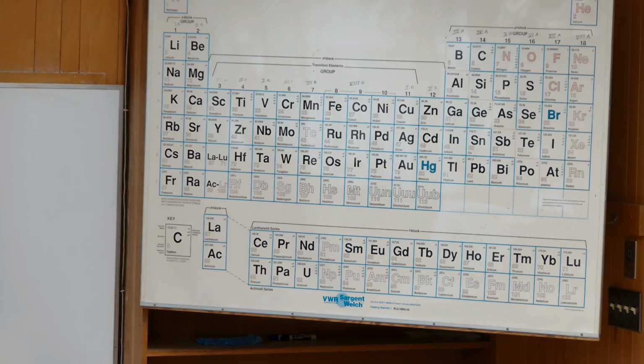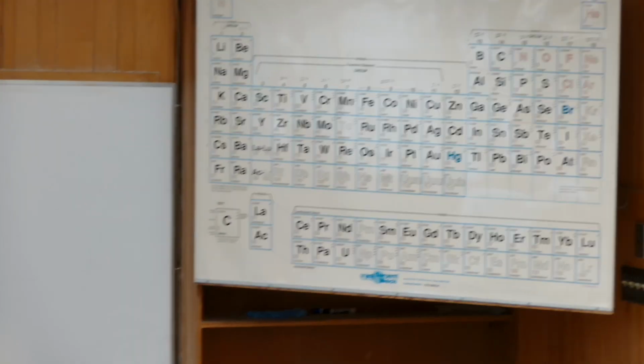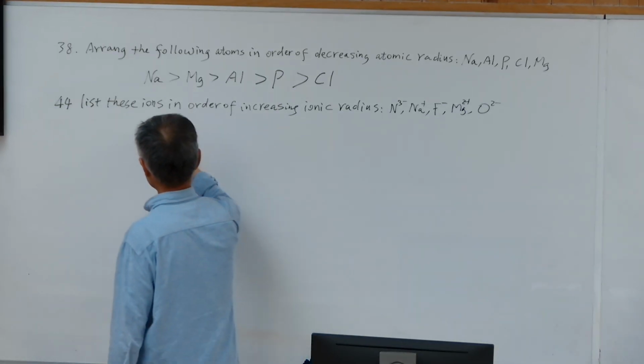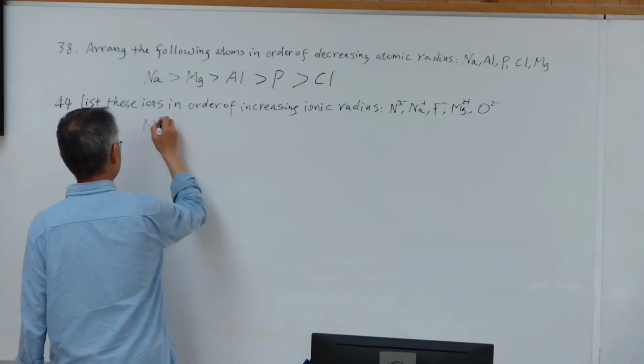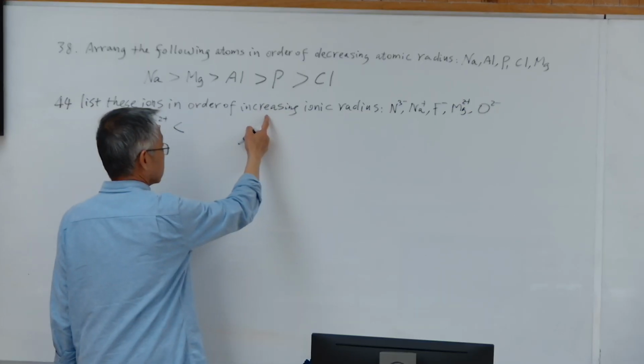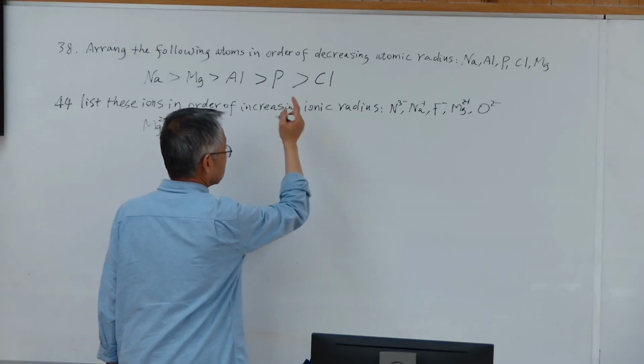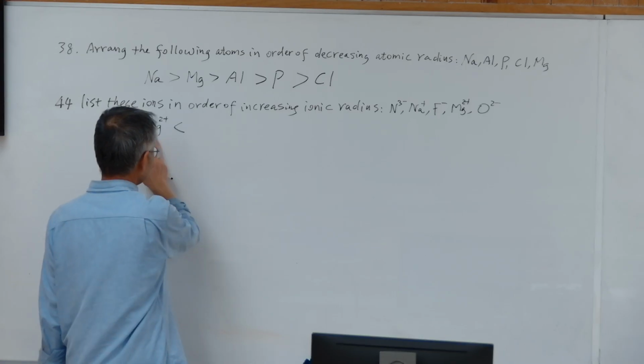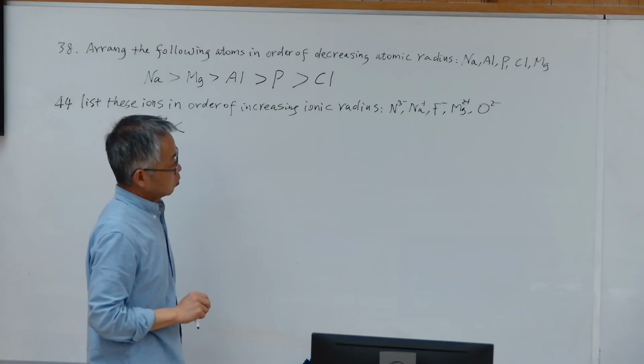So attractive force will be strongest, then its ionic size will be smallest. So we place magnesium ion first because its size is the smallest. Increasing ionic size means the smallest first. Then what is next?